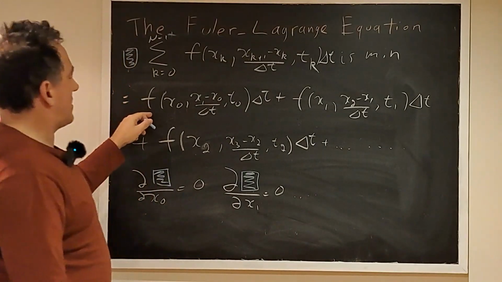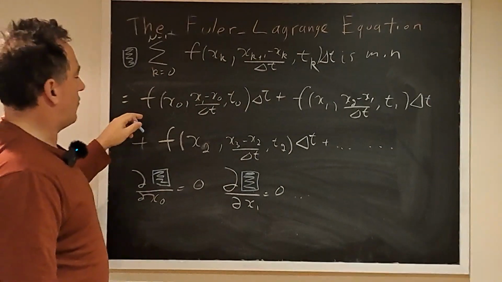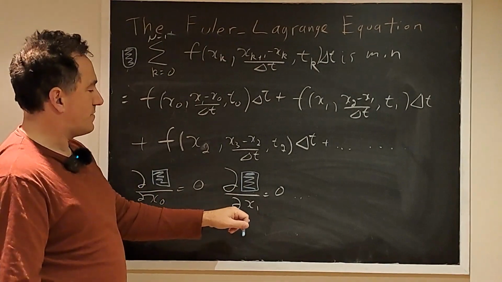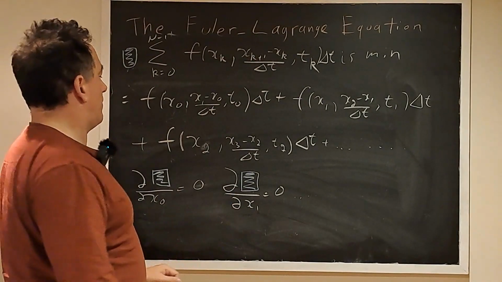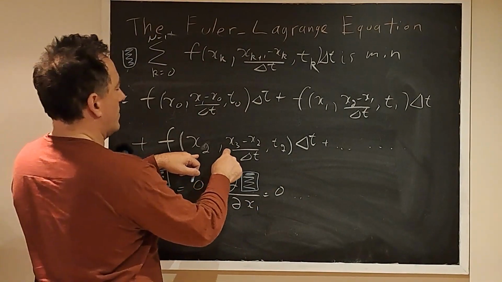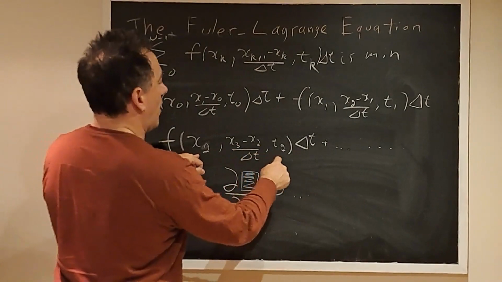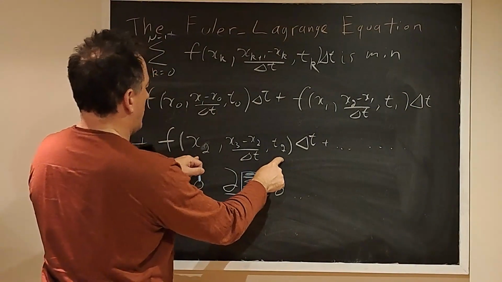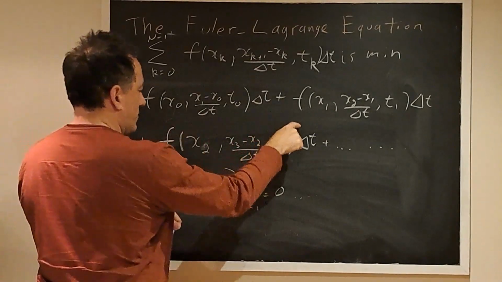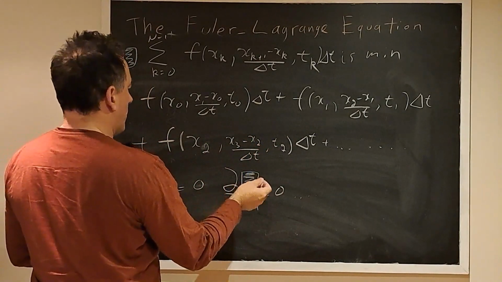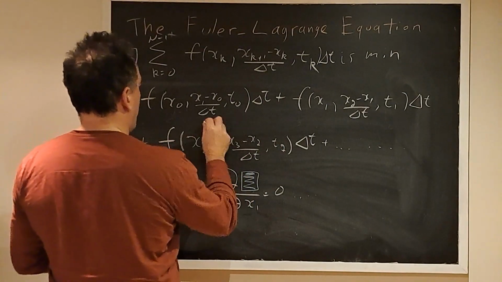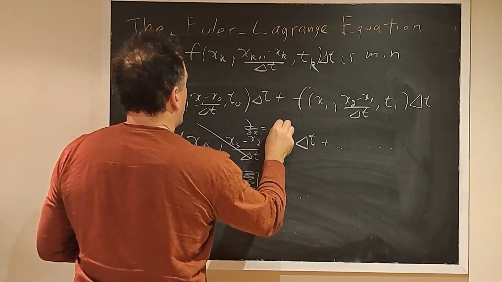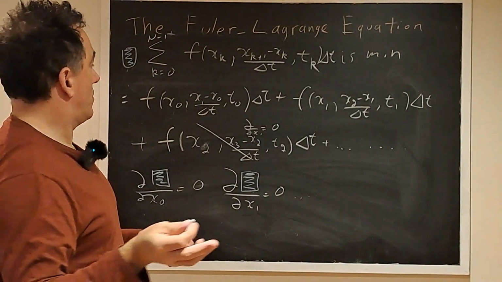Now, I wrote this out in detail for the first few terms because we see that, for example, if we take the derivative with respect to x1, the terms x2, x3 minus x2, and all the other terms with larger indices don't depend on x1. So the derivative of those terms with respect to x1 will go to 0, and we're left with two terms.